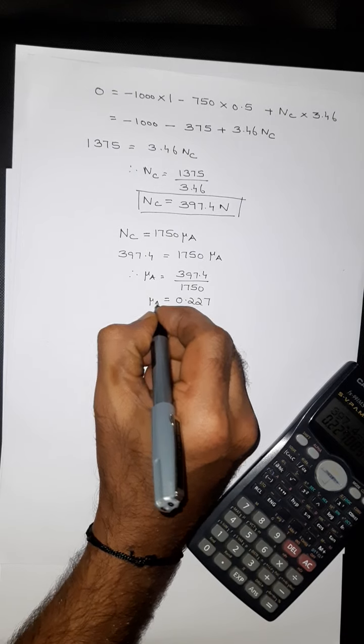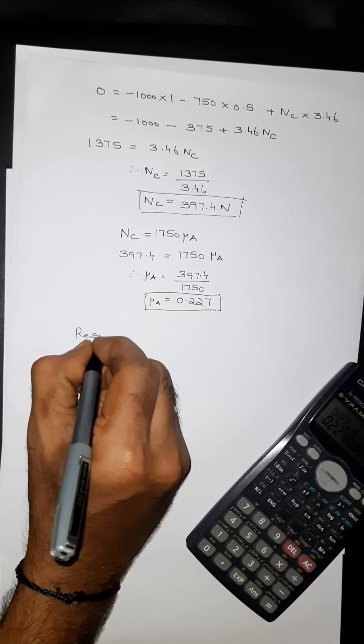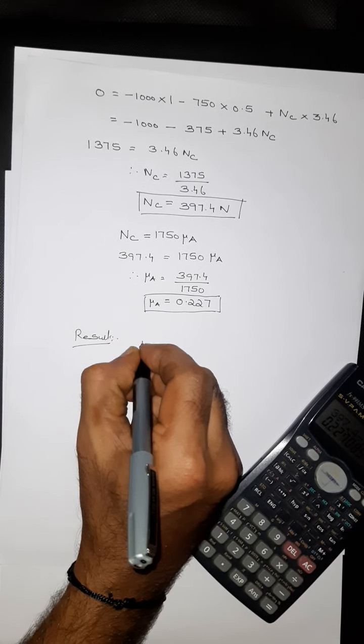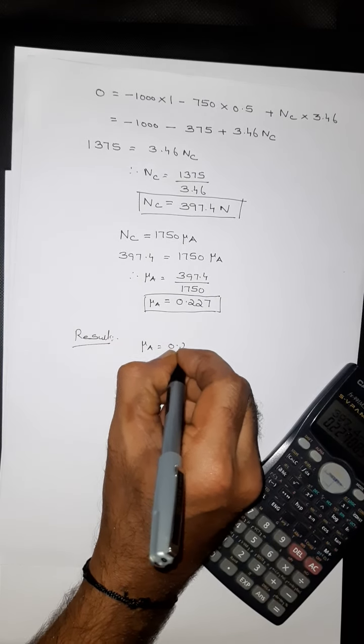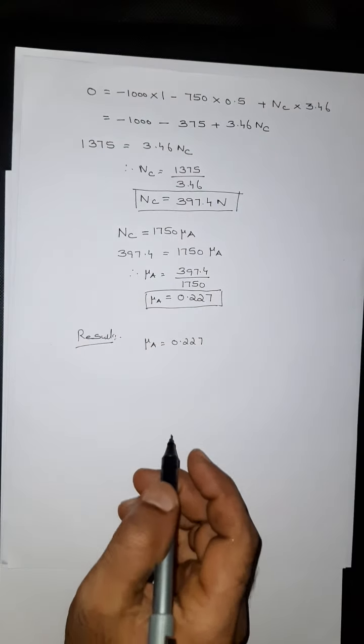So mu A equal to 0.227. Result. Mu A equal to 0.227. Clear? Thank you for watching.